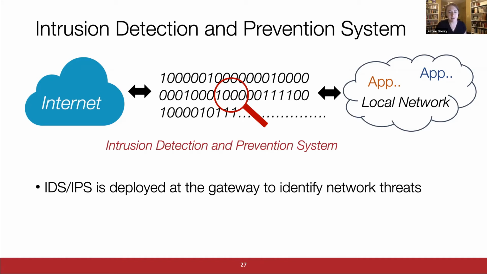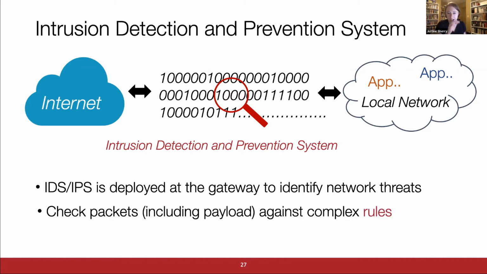The way it identifies network threats is by checking packets, including their payloads, that is their contents, against complex rules. In order to inspect payloads, the intrusion detection system therefore has to look at every byte of every packet, and it needs to do so by looking at those packets in order, the way that they would be analyzed by an end host application.